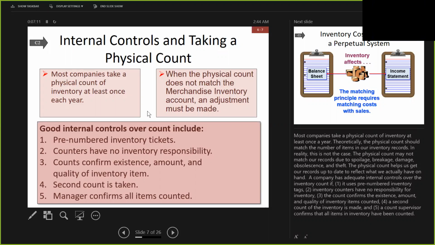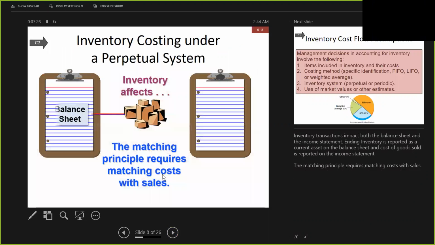The counters confirm existence, amount, and quality of inventory. A second count is taken, and a manager confirms all items counted. And there are actually some good fraud cases out there where inventory was played with that maybe we'll get to later, which are really some interesting ones.